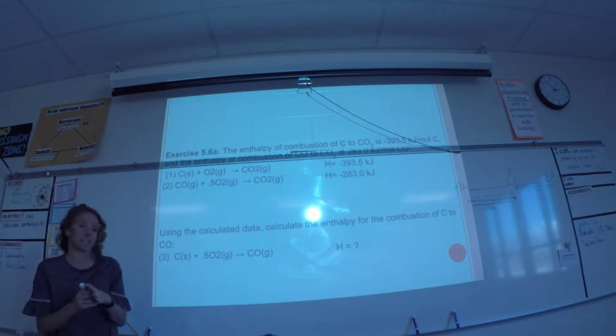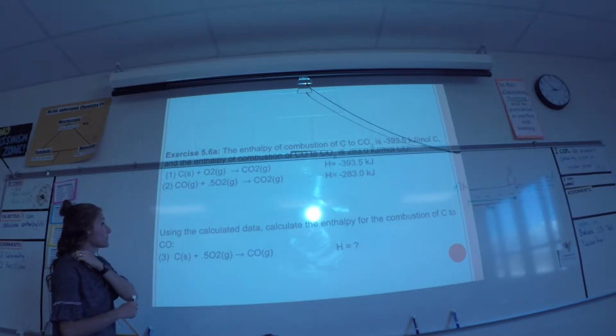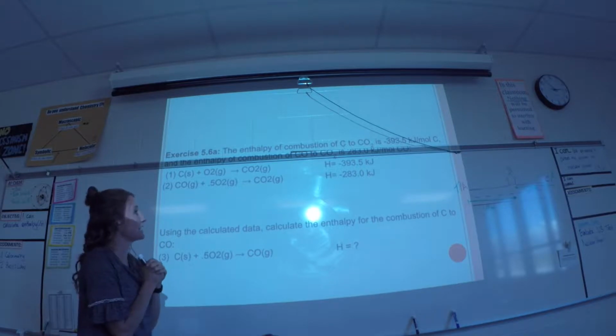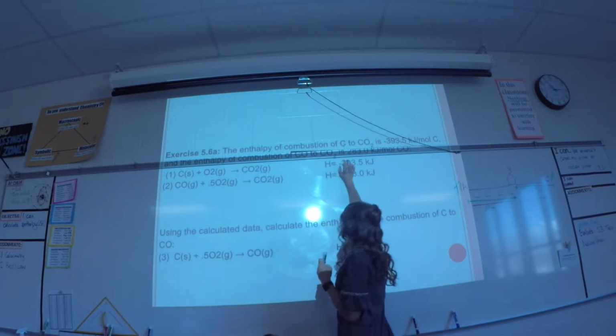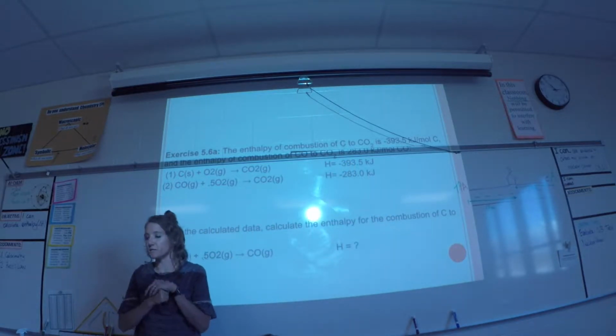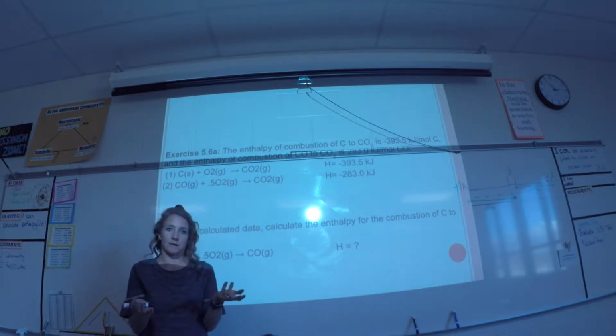Okay, so let's look at exercise 5.6a on your practice problem set. It tells us the enthalpy of combustion for C to CO2 is negative 393.5. This was determined experimentally. The enthalpy change for the combustion of CO to CO2 is this, also determined experimentally.